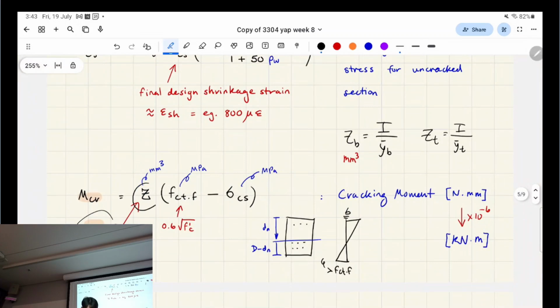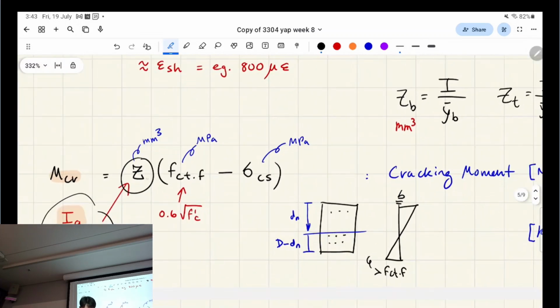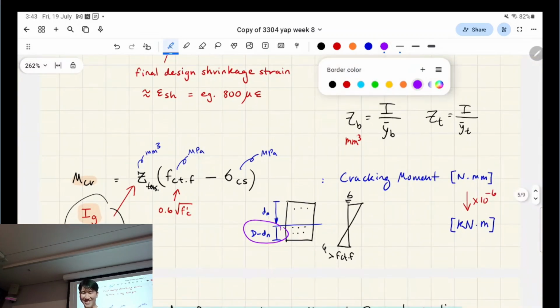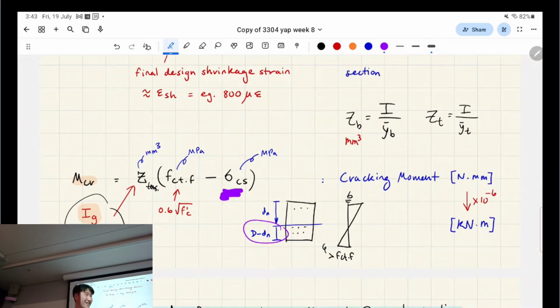So here we actually care about the Z from the bottom side because it's the tensile side, right? Because cracking happens from the tensile side, right? So when we do Ig over D minus dn, it's because we care about that distance to the neutral axis from the tensile side. Do you know what I mean? So that's where that number comes from. But here's where I've gotten to my point.